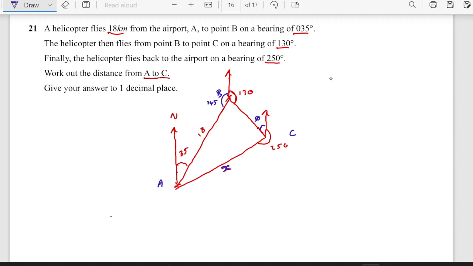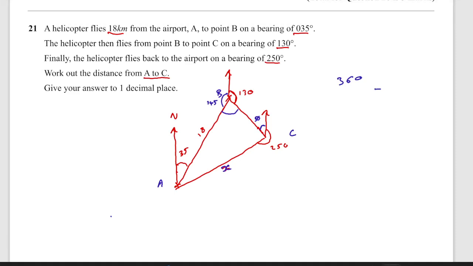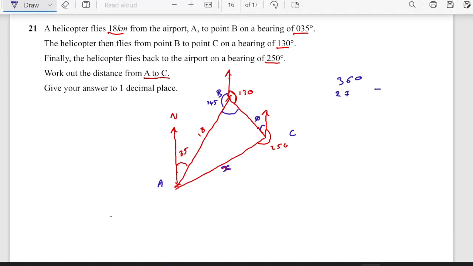This angle is going to be 360 minus these two added together, so minus 275 gives me 85.